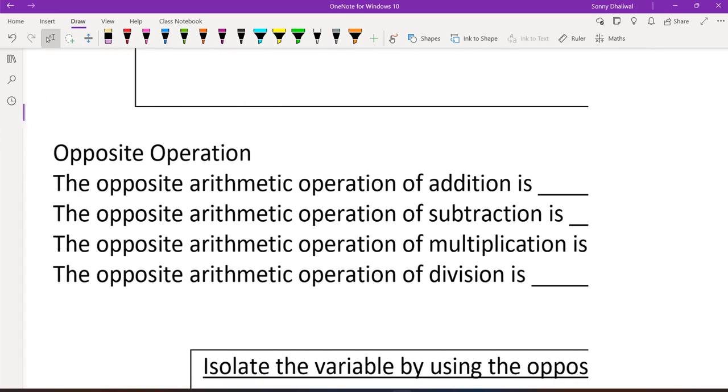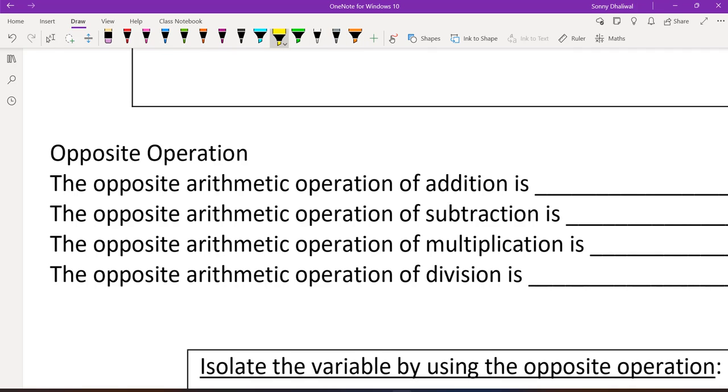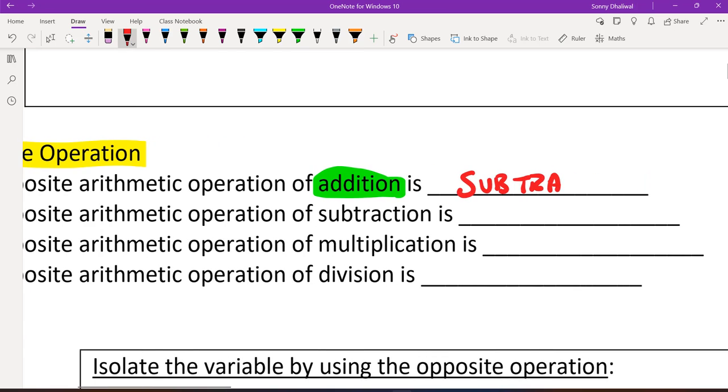The process is called using opposite math operations. Right? So if we have adding, what's the opposite math operation? Subtraction, right? Good. If we have subtraction, what is the opposite? Addition.